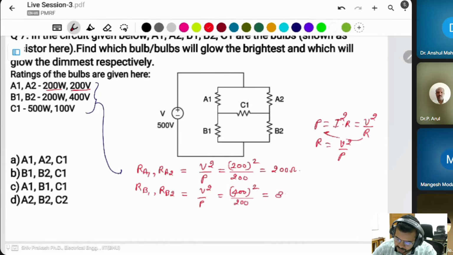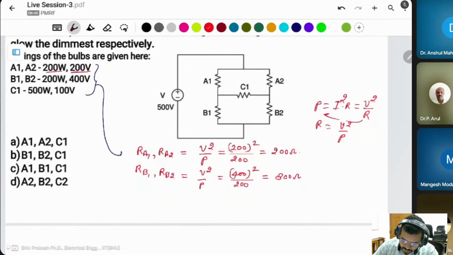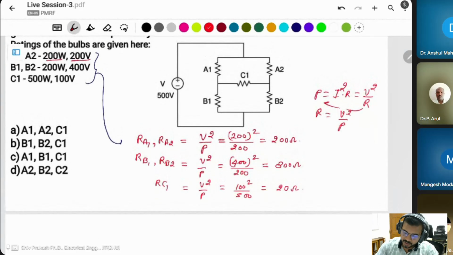This will be 800 ohm. For RC1, same V square by P, 100 volt square divided by 500. It will be 20 ohm. Okay, now place the resistances across this circuit.